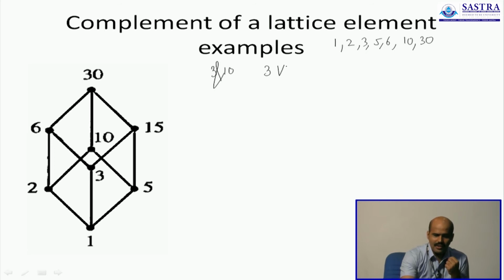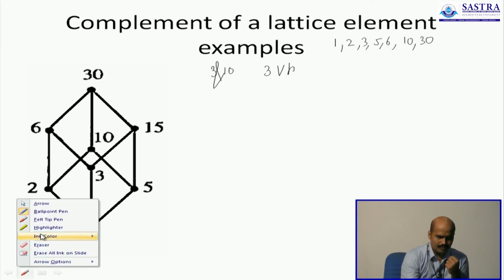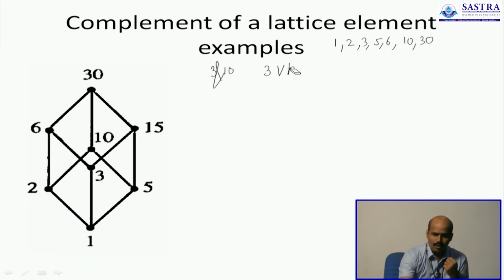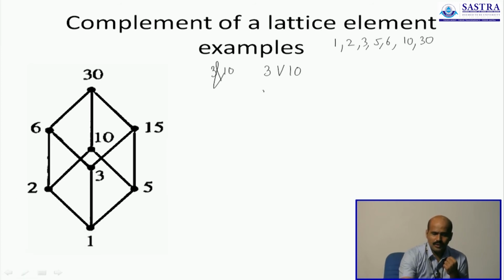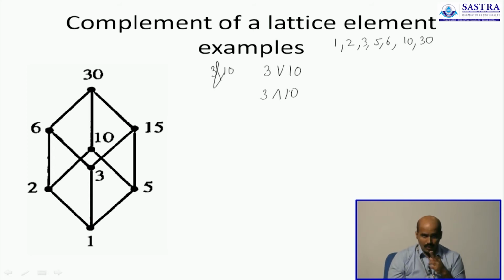What can be the LUB of 3 and 10? A possible upper bound for both 3 and 10 together, and a possible GLB for both 10 and 3 together. Now 3 and 10 together divide 30 and only 30. They don't divide 6 together, they don't divide 15 together, they don't divide 5, 2 or 1 together.